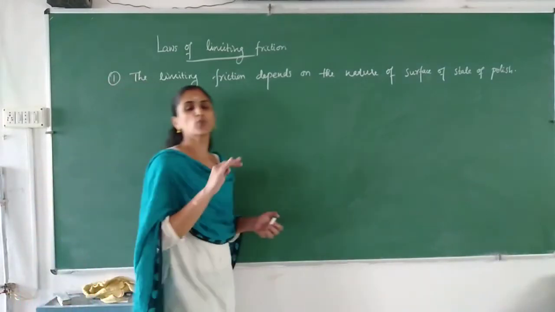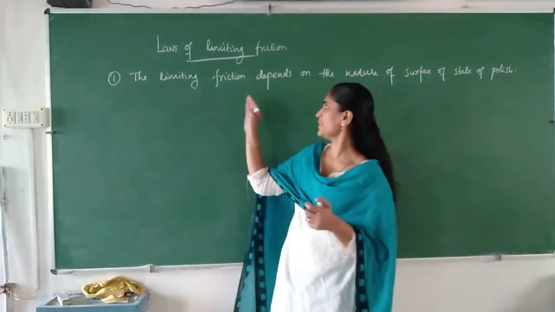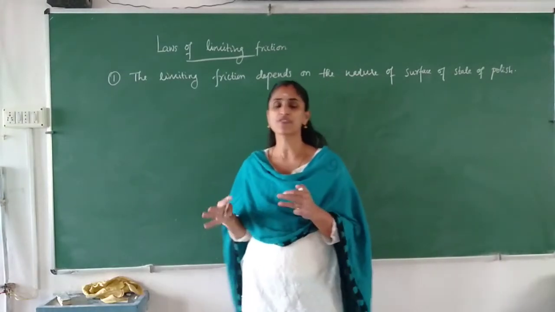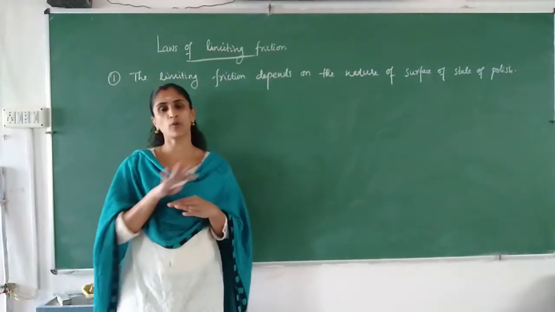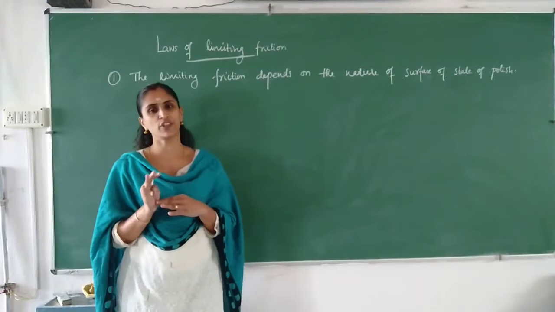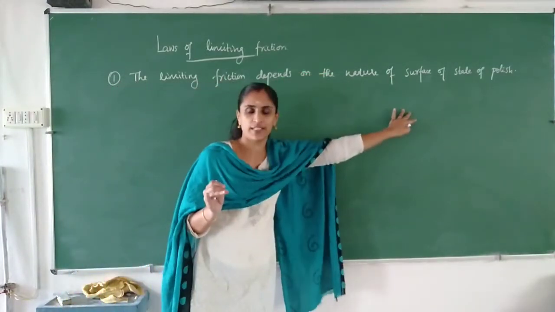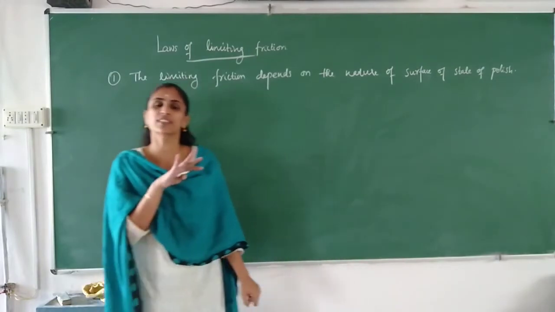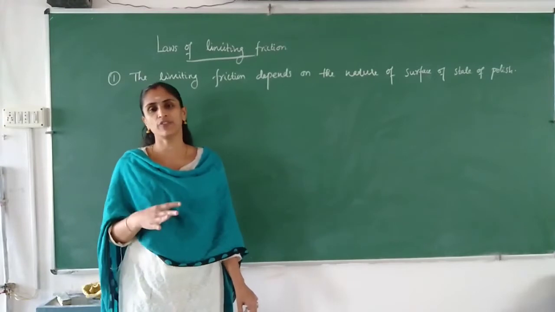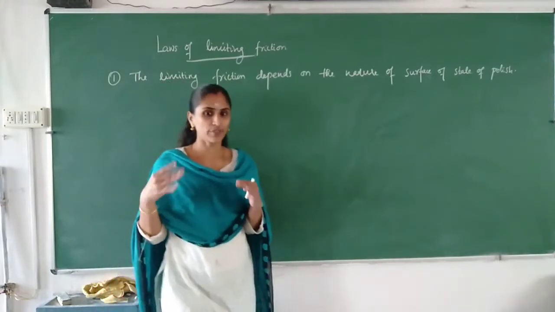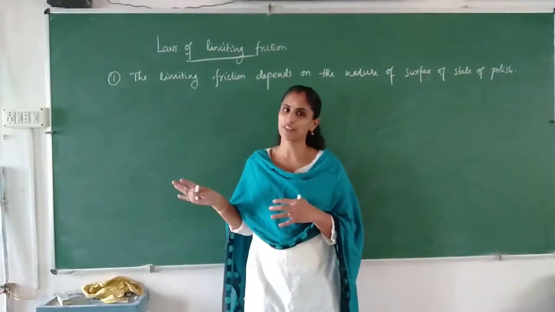How smooth the surface is, whether the surface is smooth or rough, accordingly limiting friction will change. If the surface is too rough, limiting friction will be more, and if the surface is highly polished, a very smooth surface, limiting friction will be less. Limiting friction will be more if the surface is rough and it will be less if the surface is smooth.